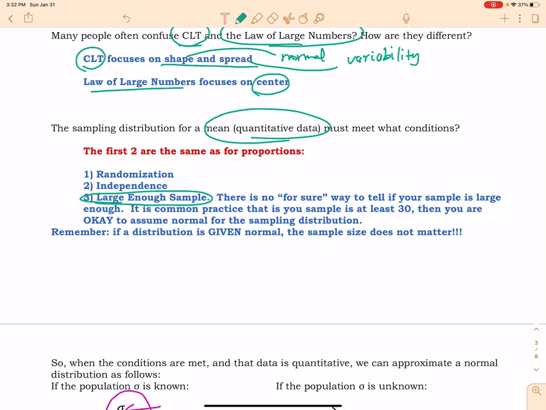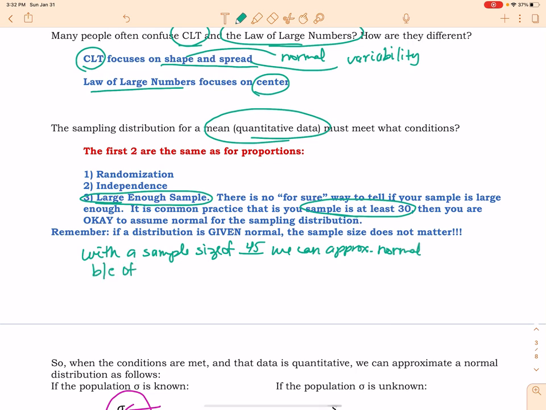Usually, it's good practice to say that if we have a sample of at least 30, then we say something like, with a sample size of whatever it is greater than 30. Let's say I have a sample size of 45. So I'd say with a sample size of 45, we can approximate normal because of the central limit theorem, or because of CLT.